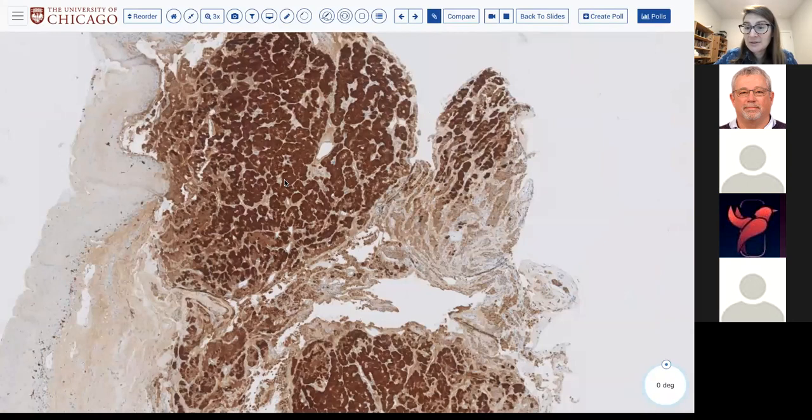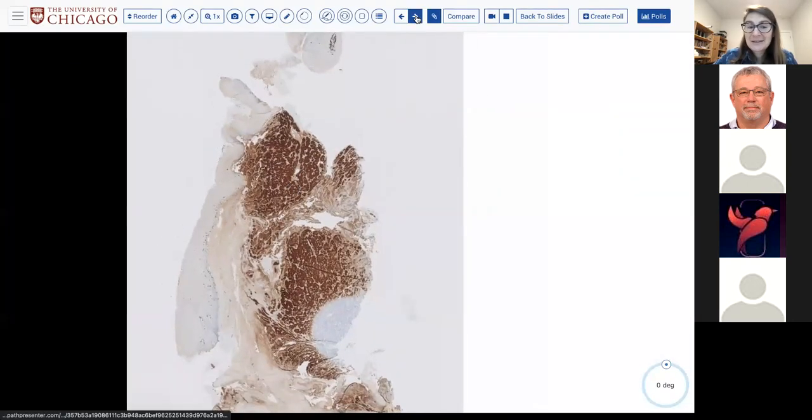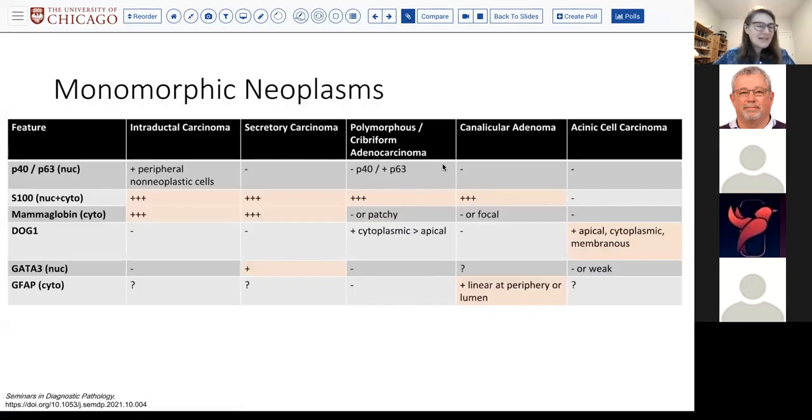So this is S100. And in case you're asking what the diagnosis is or if I've done mammoglobin, I can tell you that mammoglobin is negative. Okay, and so this diagnosis was made as a polymorphous adenocarcinoma. Okay, so the interesting thing about polymorphous is that it can be P63 positive, but it's completely P40 negative.